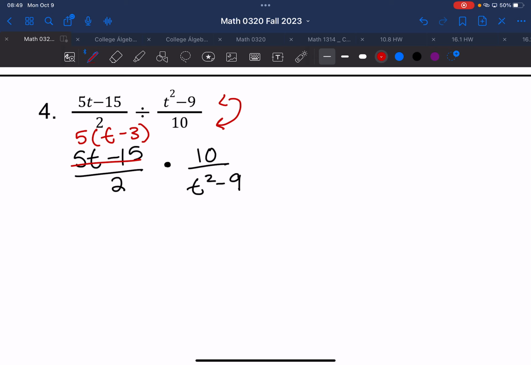What could I do to my second fraction? So I can't do anything with that 10. But what about the bottom? Good, I could factor that because it's a what? Perfect square. So this becomes t minus 3, t plus 3.